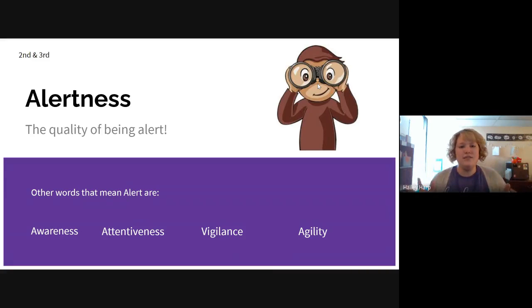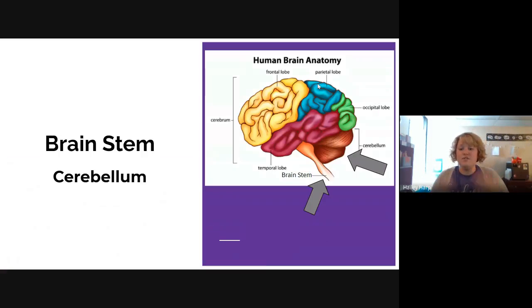There are many ways that we could learn about alertness, but one of the coolest ways that I found is about this brain of ours. When we talk about alertness, we use a couple of different parts of our brain: the brain stem and the cerebellum. Brain stem looks very simple, just like it says, brain and stem.